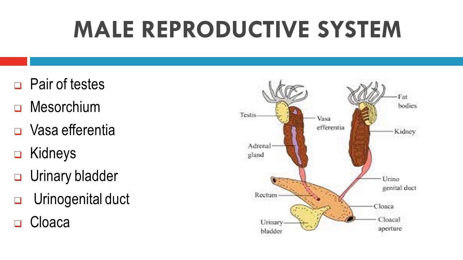From the kidneys, the tubule coming out of the kidney is the ureter. The sperm cells also come through the same path, the ureter, and will be stored in the urinary bladder. And now the duct is mentioned here as the urinogenital duct.